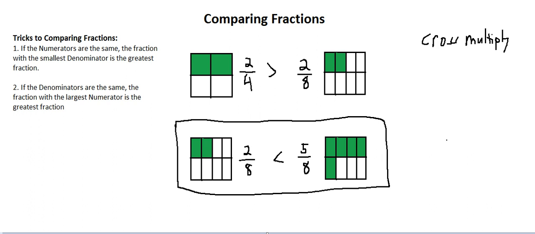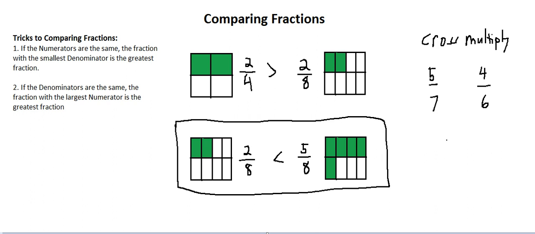Alright, so this is what we do when our denominators are not the same. So say I have 5/7 and we'll say 4/6. And we're going to compare these two fractions.